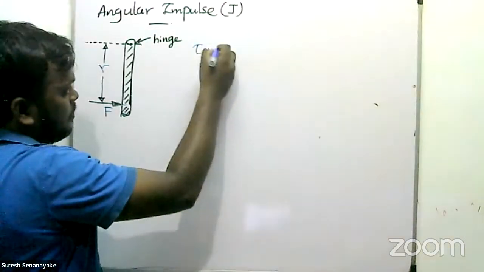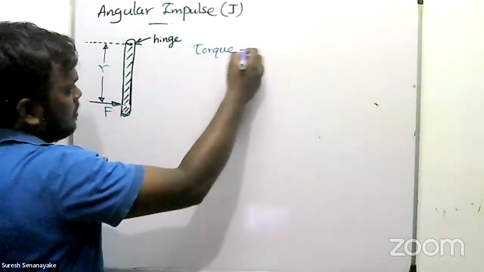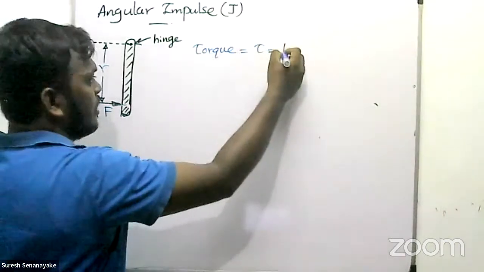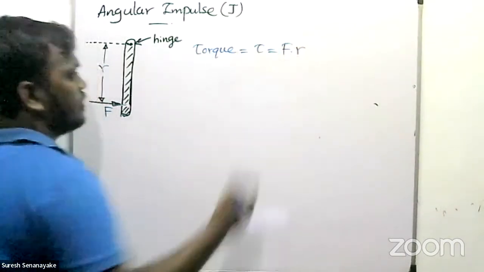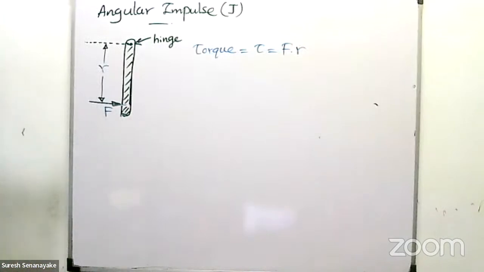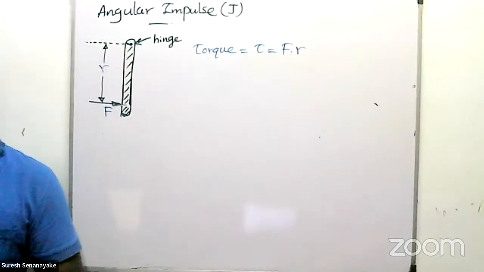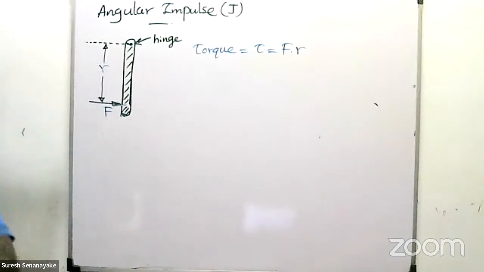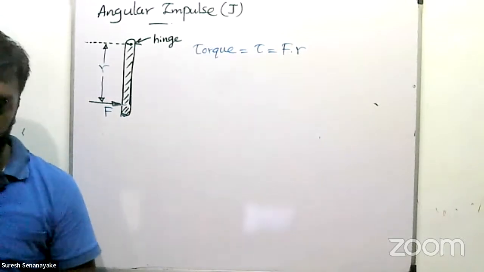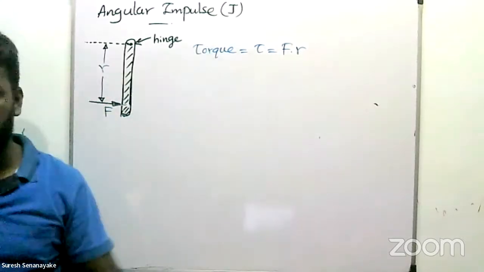You can write that torque equals F into R. That is the torque applied. Then torque equals Fr.